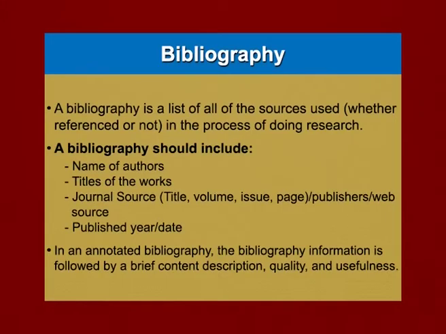Now in the case of an annotated bibliography, beside the information told to you earlier, you will also find some bibliographic description of the documents as such. It could be in the form of an abstract, it could be in the form of the quality or usefulness of the document as well.